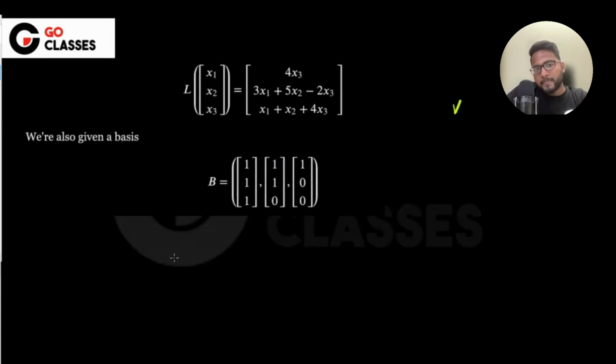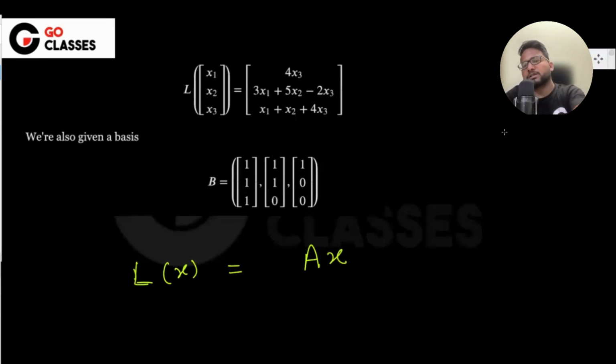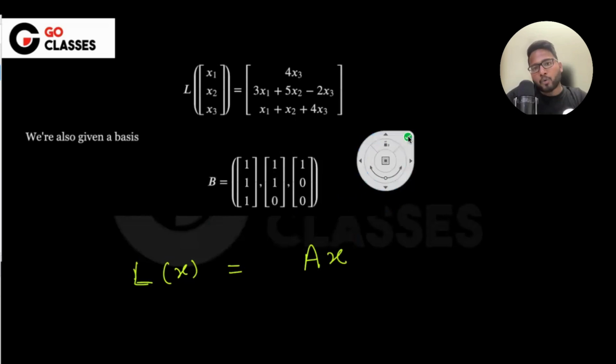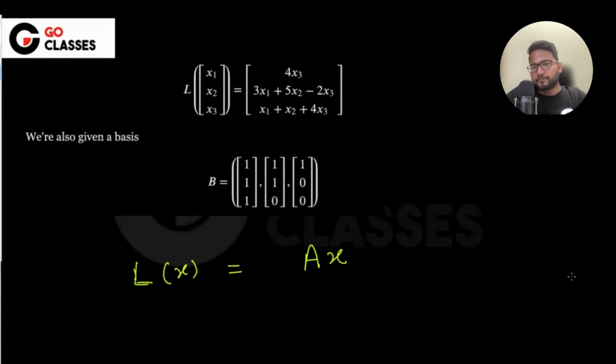Currently, L of x equals, let's suppose, some matrix A times x. All of this is in the standard basis, but that's not what I want. My objective is that my input will be in the basis B, and the output also should be in the basis B. Input and output both should be in the same basis.